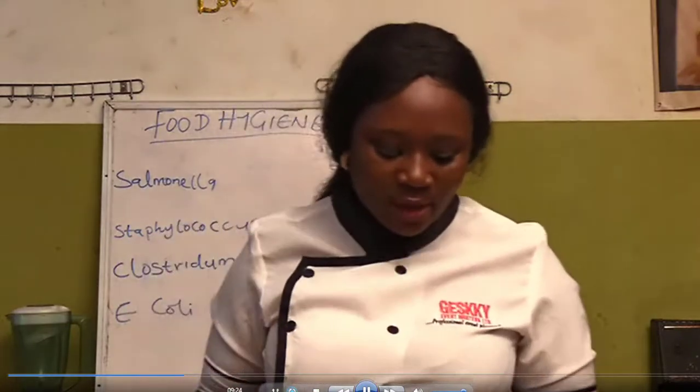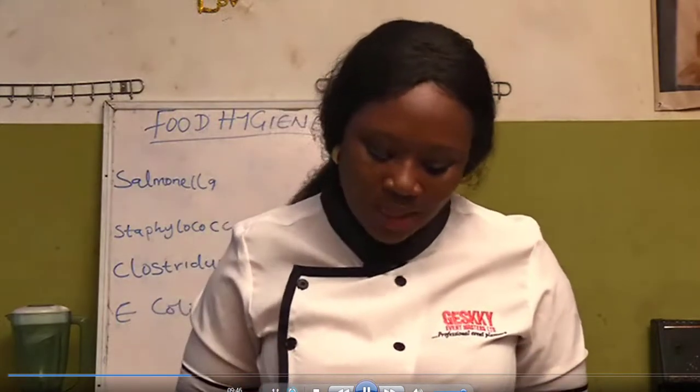So for us to avoid and prevent these diseases, you are expected as a good chef or a person handling food, as long as you are handling food that people eat, to have a good standard of personal hygiene. We talked about personal hygiene: always bathing, washing your hands clean, making sure you clean your working surface and your utensils very well, and so on.